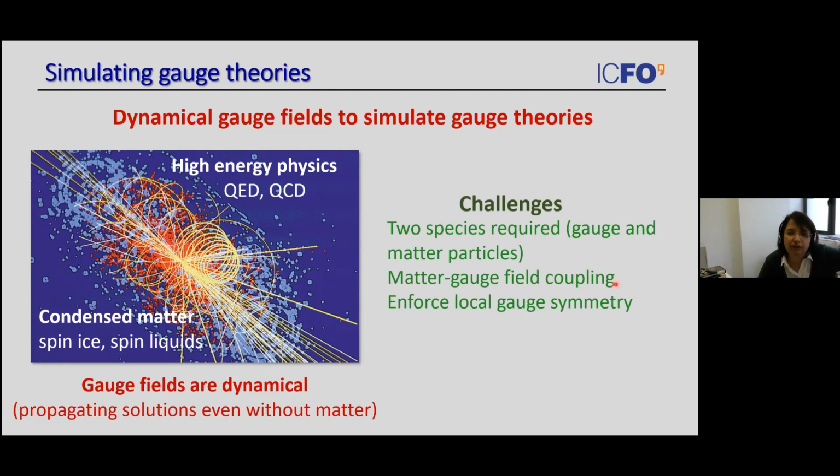And on top of that, they need to fulfill a local gauge symmetry. If you think of the QED case, it's pretty clear that in every point of space you need to fulfill Gauss's law, for example. In any quantum simulation, you need to also ensure this. And that makes the thing pretty tricky to do in the lab. I mean, these three requirements here.